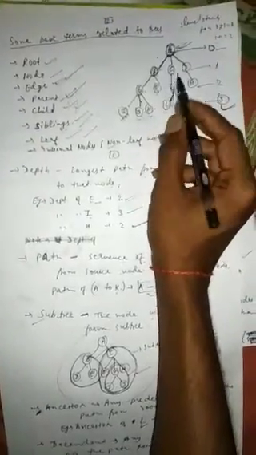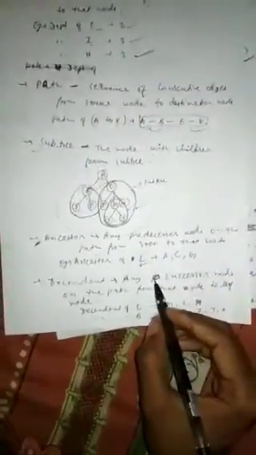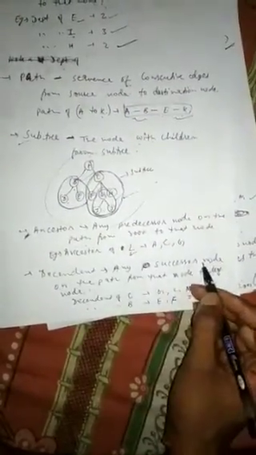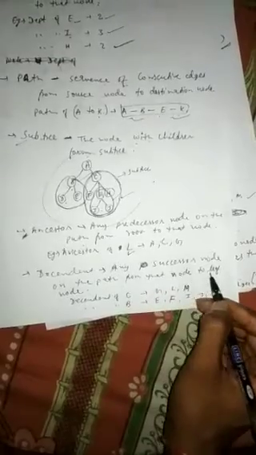So when we take C, we take this example again. What is the descendant of C? By the definition, we see a successor node on the path from that node to a leaf.